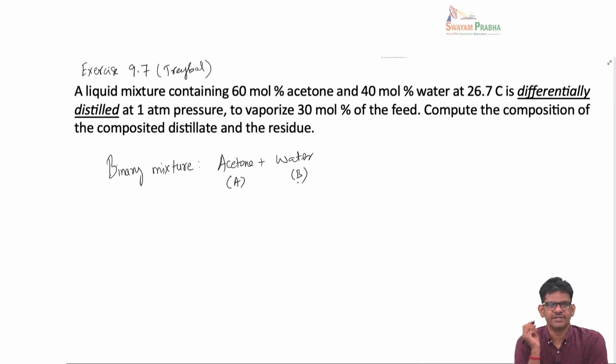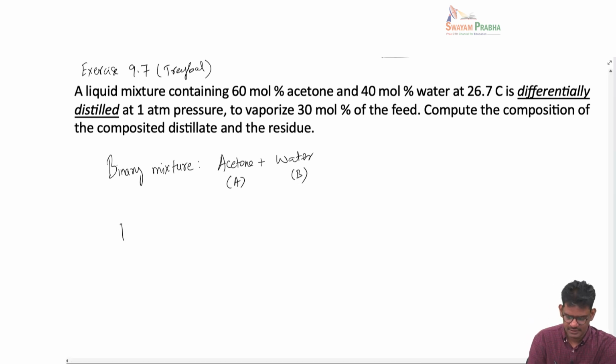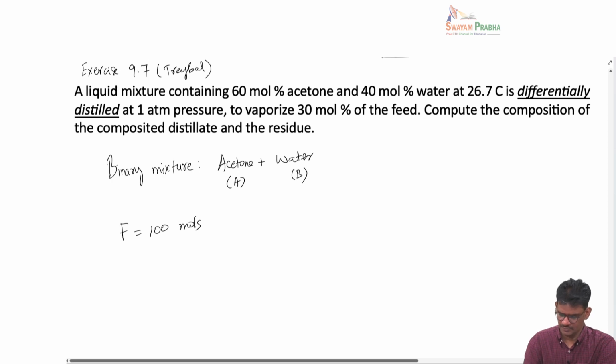And this is a differential distillation at 1 atmospheric pressure to vaporize 30% of the feed. So the total feed is not given, only a percentage, so we have to take a basis. Okay, we will take a basis of F equal to 100 moles. Of this, 30 moles of the feed is vaporized, so D is 30 moles.